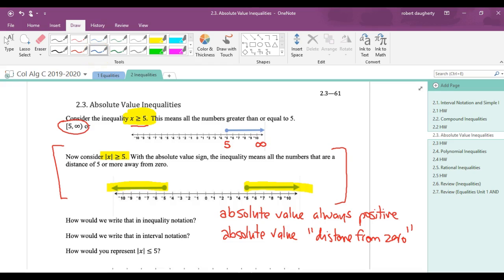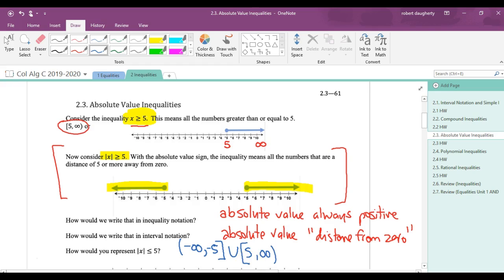So what are those intervals? So those intervals are what? -infinity to what? -5, okay? Parentheses, what goes around the -5? Bracket. And then I've got another interval that goes from where? 5 to infinity.